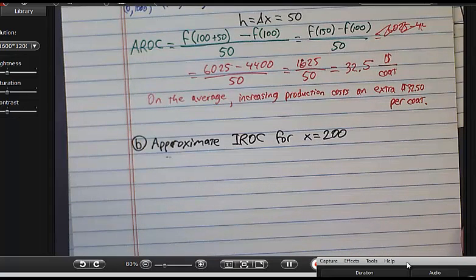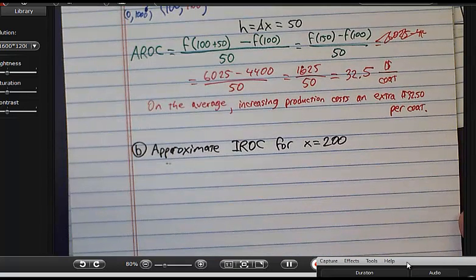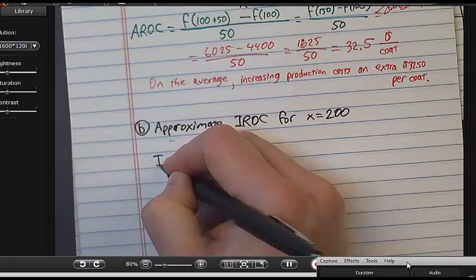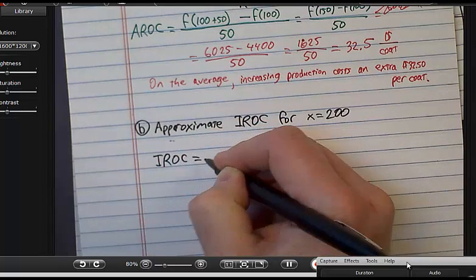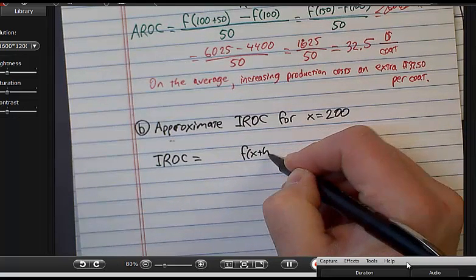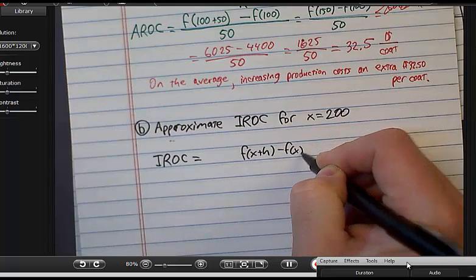So here my X has changed. Up there, X was 100 and the H was 50. So my instantaneous rate of change, well, I still do f of x plus h minus f of x all over h.